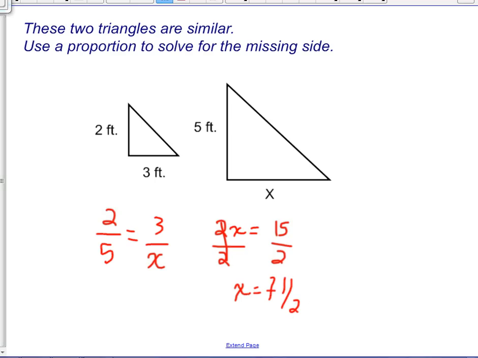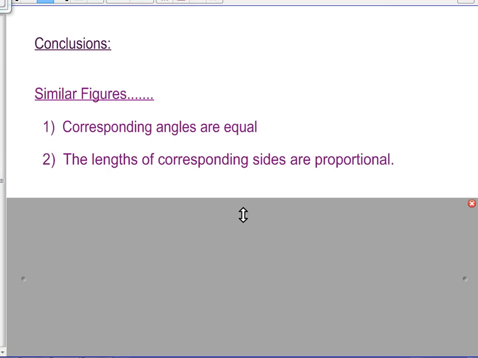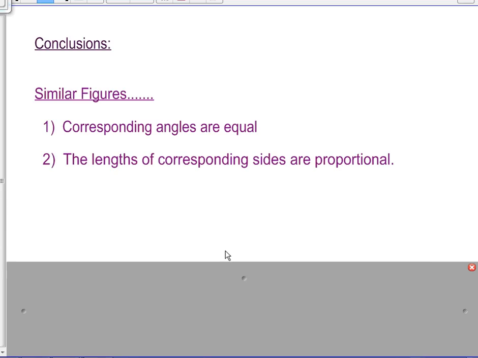All right, so what we can conclude from this is that similar figures have corresponding angles that are equal, and the lengths of corresponding sides are proportional. These are the two things we need to know.